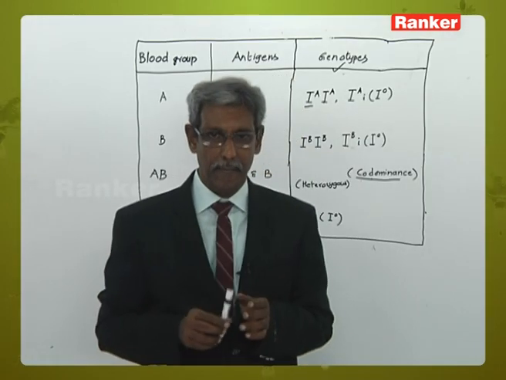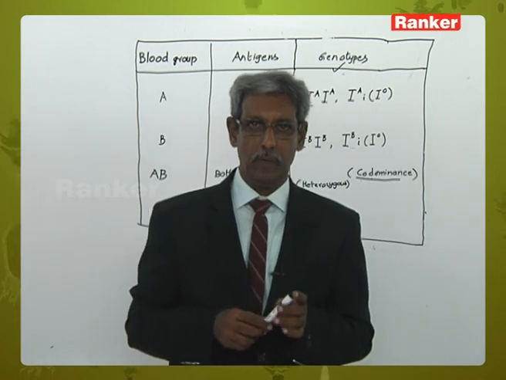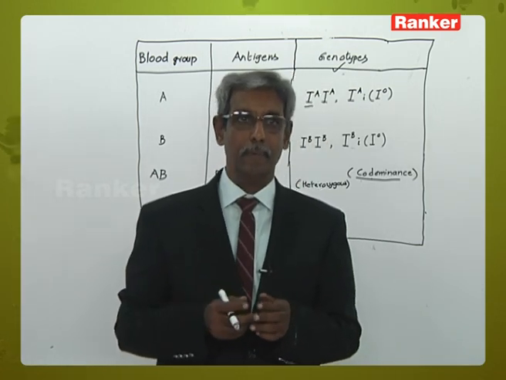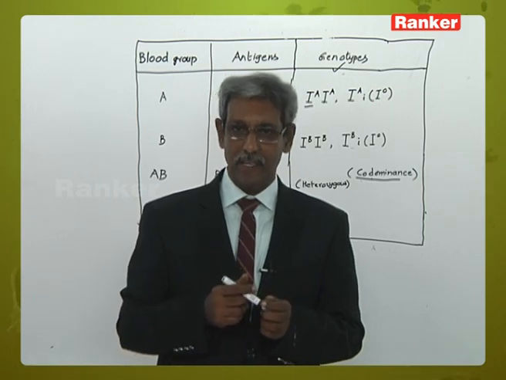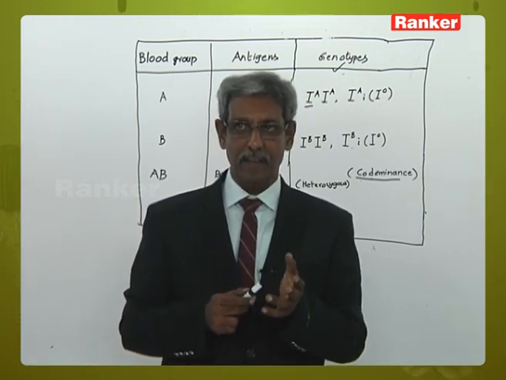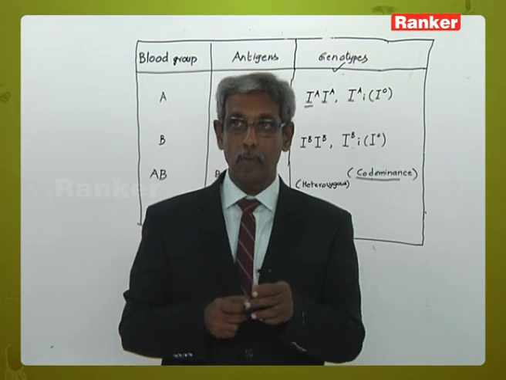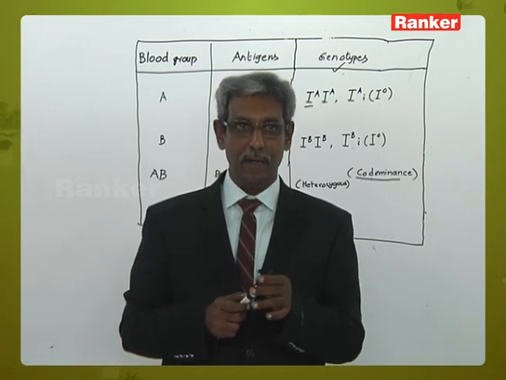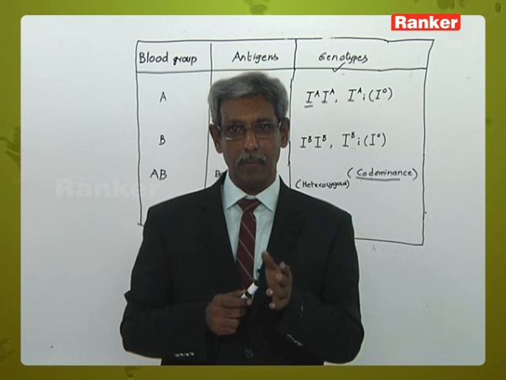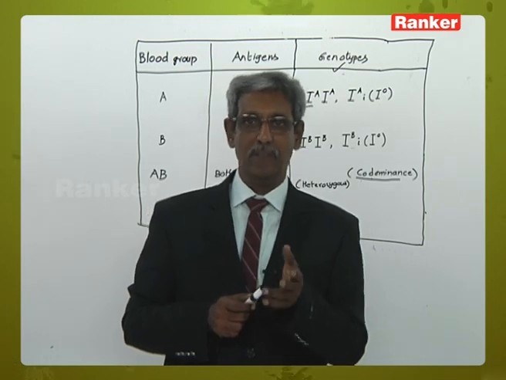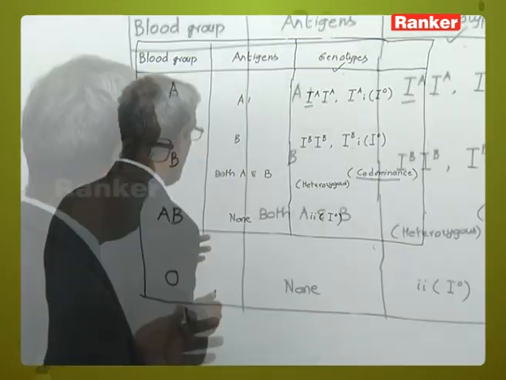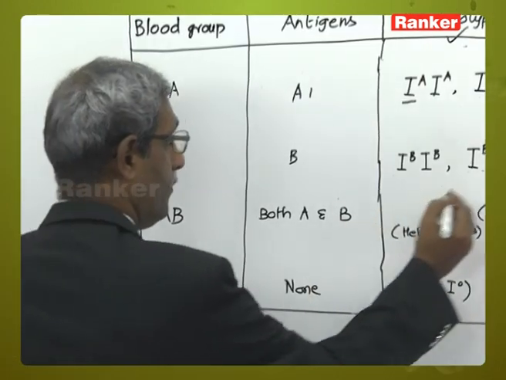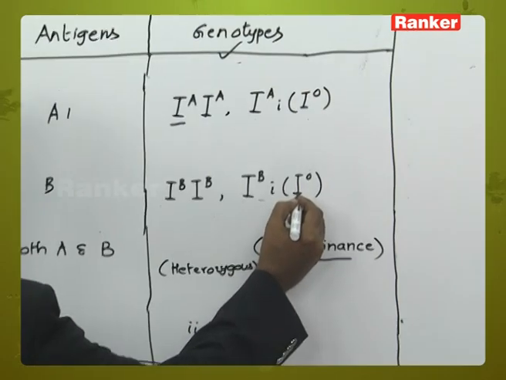Many times in the study of multiple alleles, an objective question could also be asking you about the genotype of the parent. Like problem number 12: the child has a blood group of O and the father has blood group B. Then what could be the genotype of the father? Here we have i from the child.